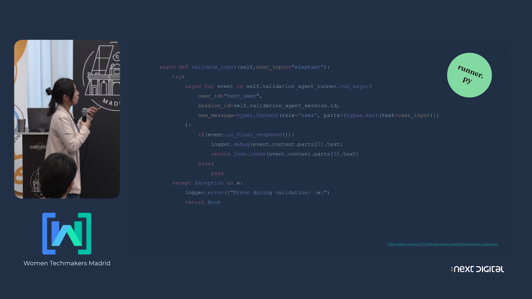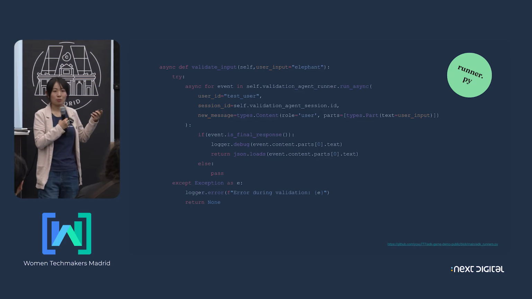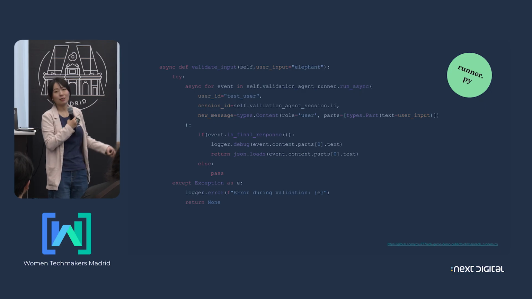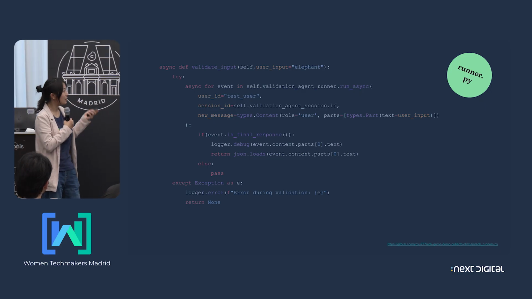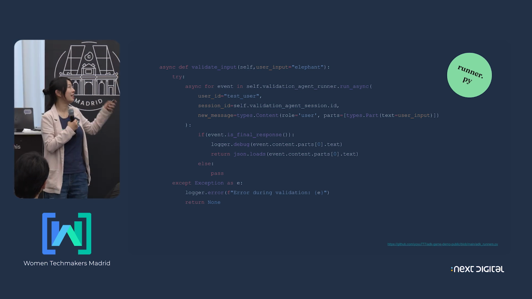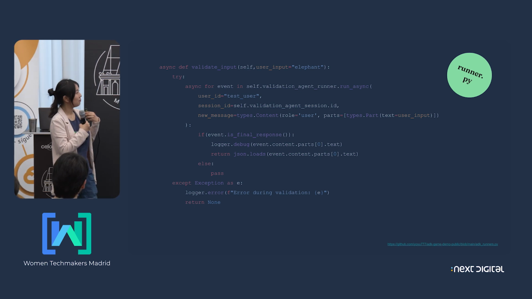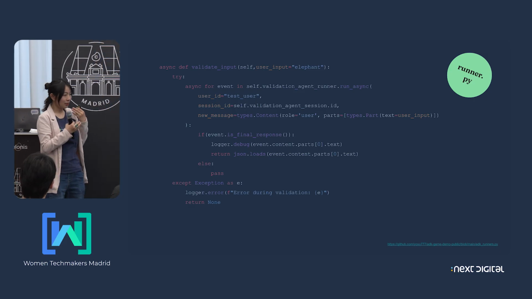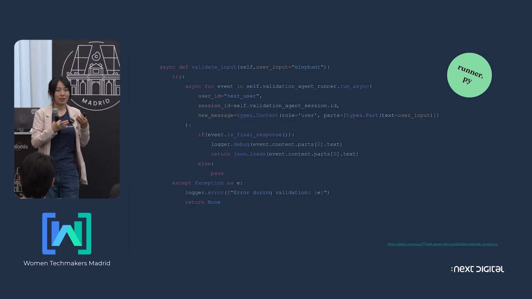And here is where we actually accept the user input, whether it's elephant or bear or cat, and then run the validation. If you think this part of the code is strange, because it is, it's because Gemini gives responses in a stream.